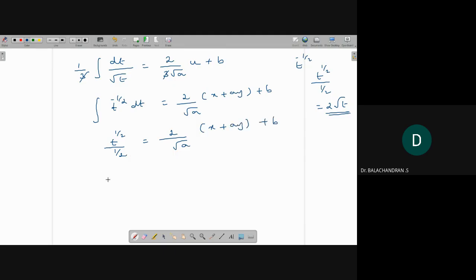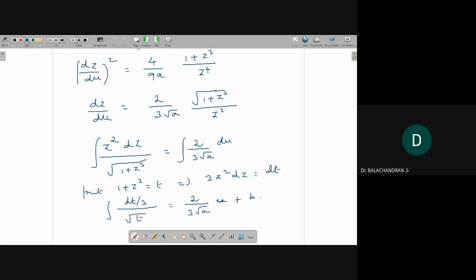This is 2 into t power half, that is root t, equal to 2 by root a into x plus ay plus b. So what is the t?